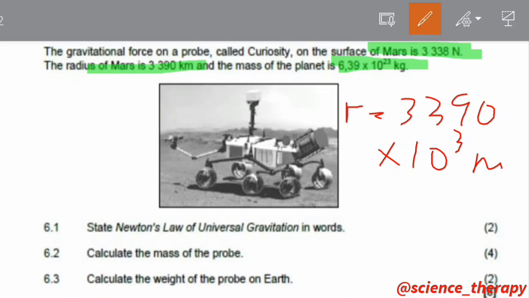Then 6.1 says state Newton's law of universal gravitation in words, 2 marks. So whenever you get to these questions, we expect you to know the definition. Usually this is the definition that they mostly ask in almost every question that has to do with Newton's law of universal gravitation.